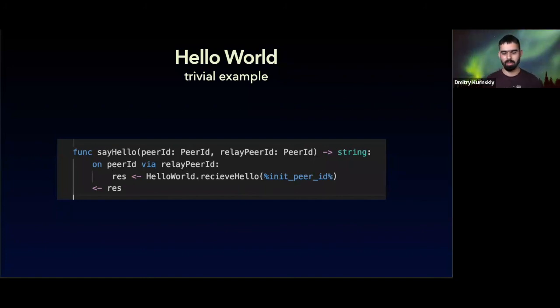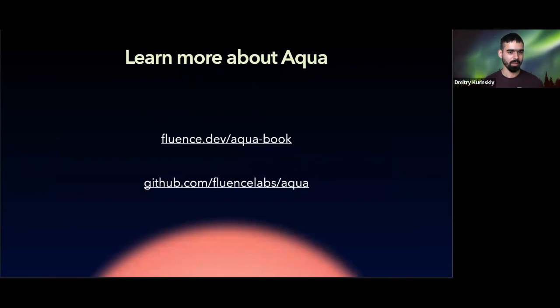But actually, it involves all these signatures, different attack protection, and all the stuff to make it trivial. It has a lot of complexity. In case you haven't seen the Aqua book, and if you want to learn more about Aqua, take a look.